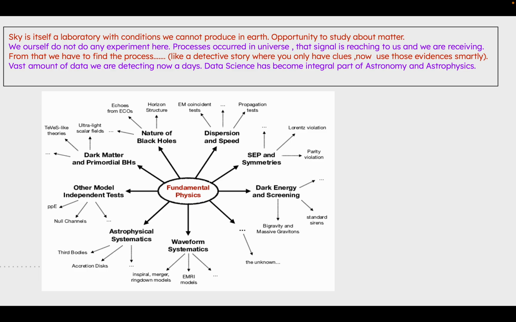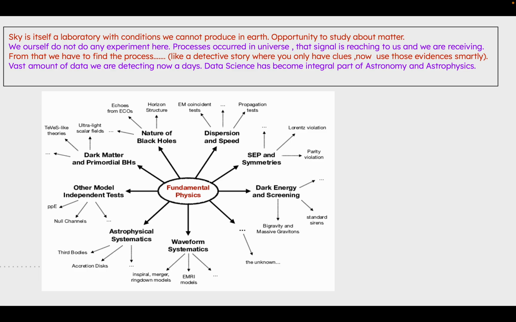Now, astronomy is one of the branches most closely linked with fundamental physics, because astrophysical systems can give us different kinds of systems, such as three-body systems, accretion disk systems, etc. Also, different states of matter can exist in the universe.